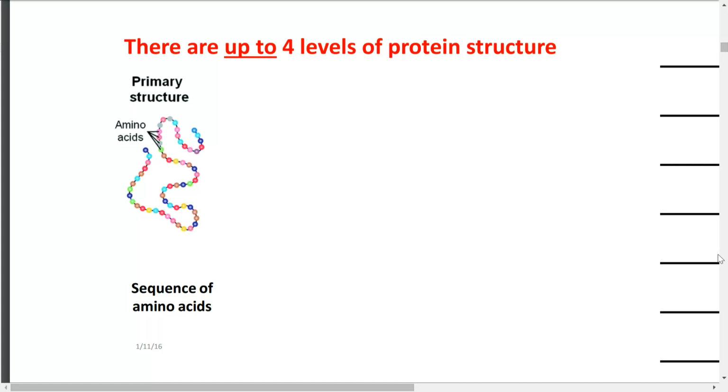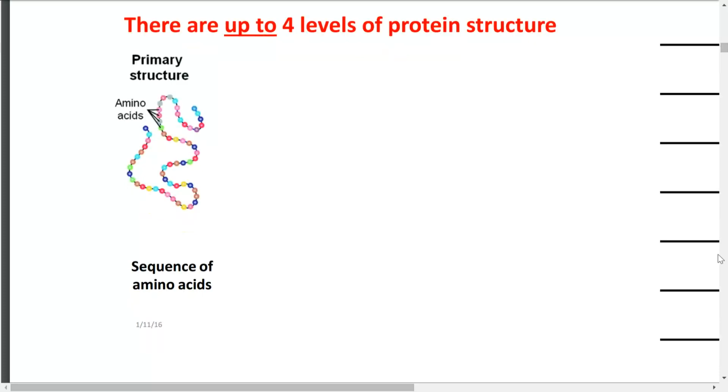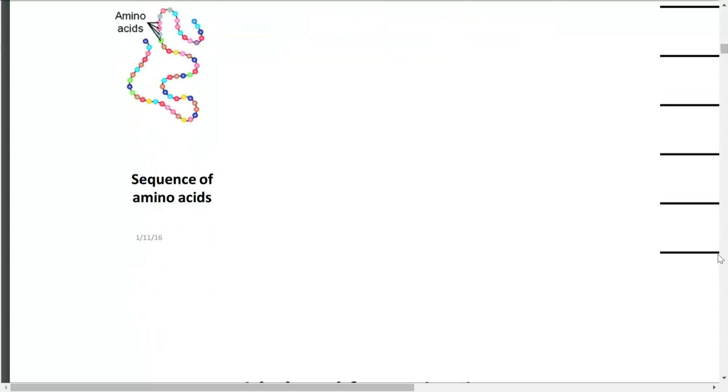Sequence of amino acids is critical, sequence of carbohydrates and polysaccharides is critical, sequence of nucleotides in nucleic acids is critical. It's the identity of the sequence that defines function, or, in the case of DNA, coding for a protein.